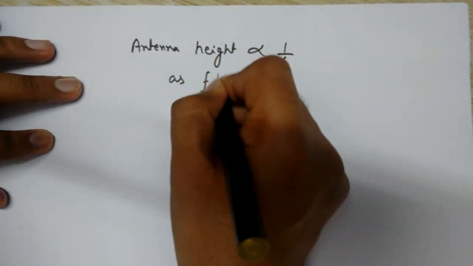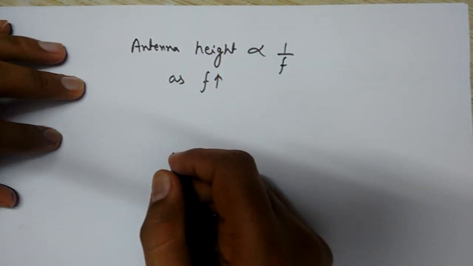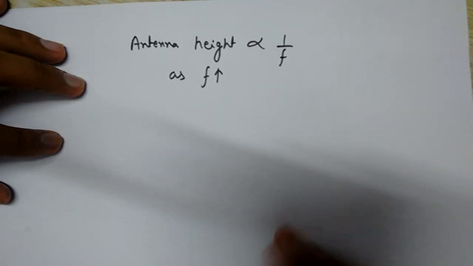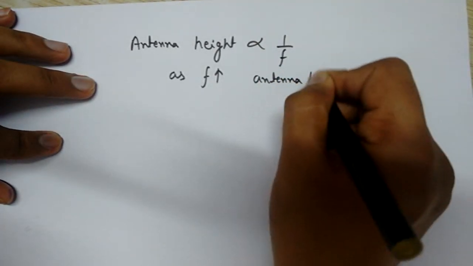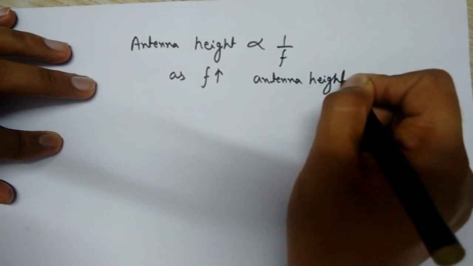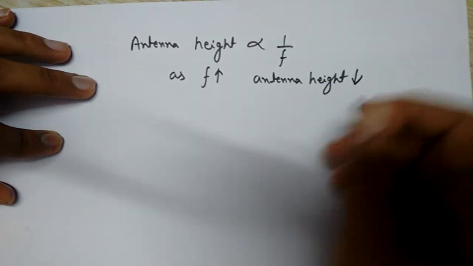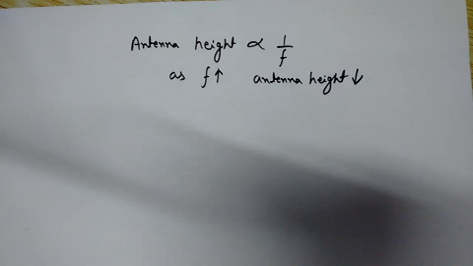As the frequency used for transmission increases, the antenna height decreases, as it is inversely proportional. Here the modulation can help us in reducing the size of the antenna by shifting the message signal to a high frequency range.